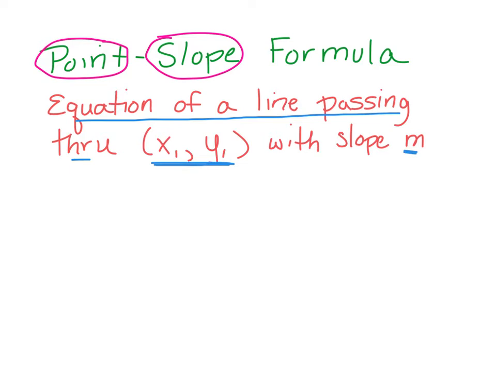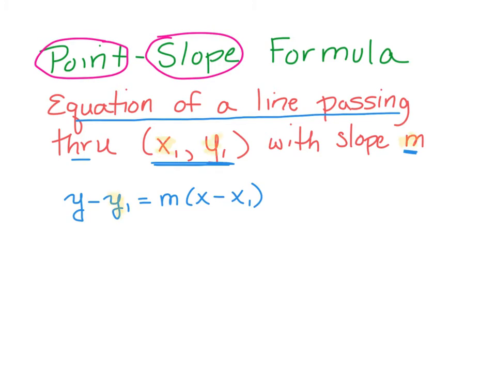The equation looks like two things. Your book and most textbooks are going to refer to it like this. They're going to say y minus y sub 1 equals m times x minus x sub 1. So what happens here is we know the point, we know the x1, and we know the y1, and we know the m, and we're going to fill those into the equation.